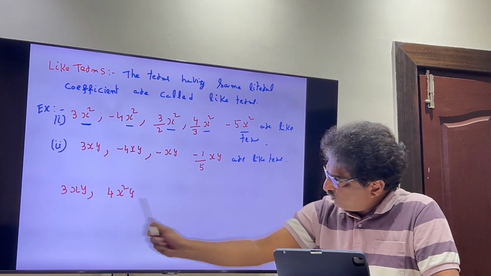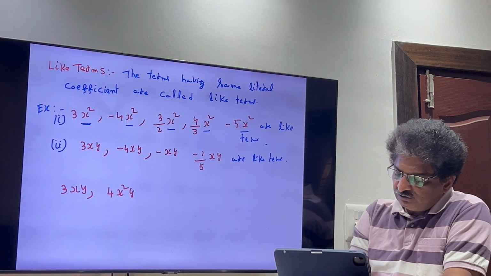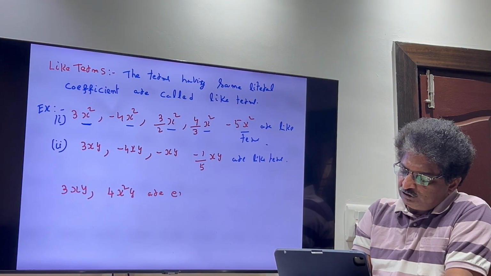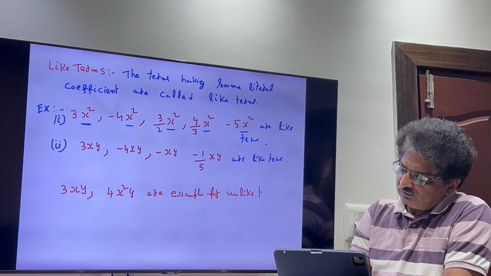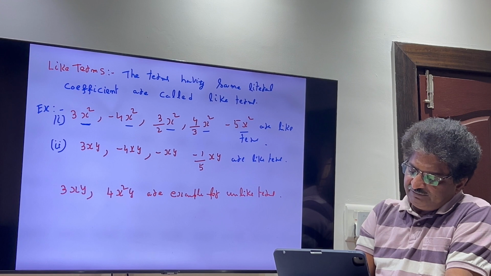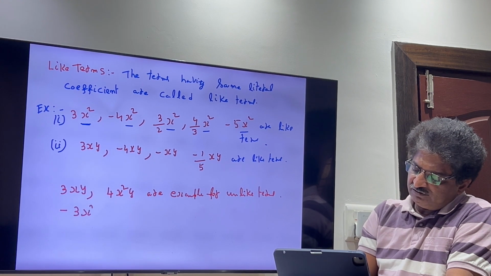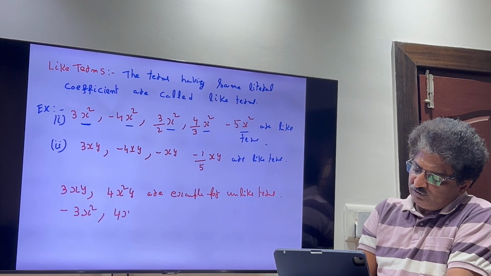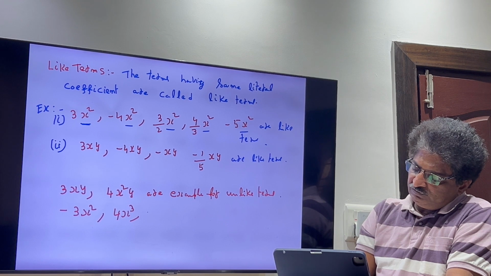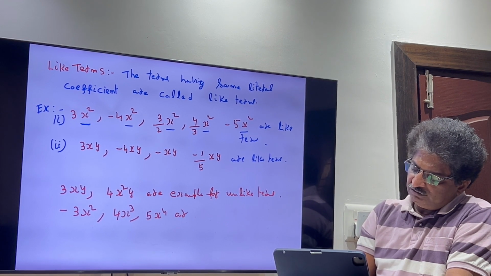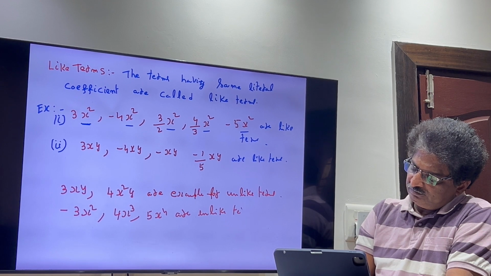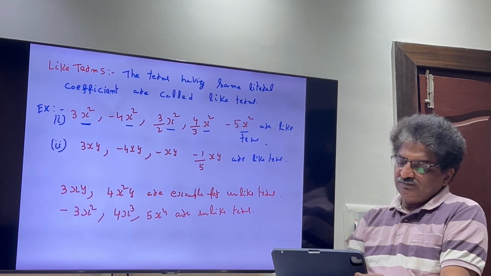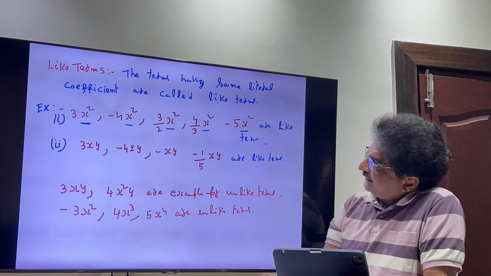So these two are unlike terms. In the same way, minus 3x square, 4x cube, 5x power 4 are unlike terms. Okay, these are about like terms and unlike terms.